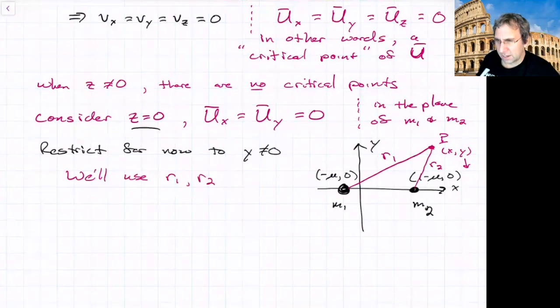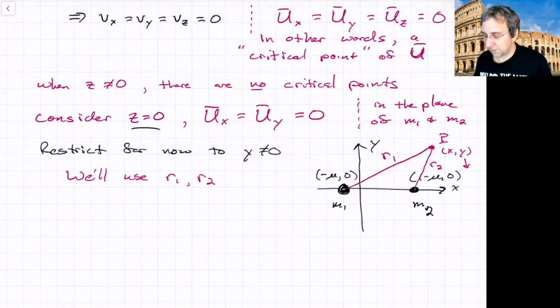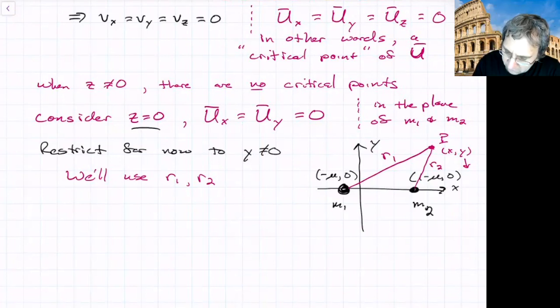So this is kind of like what the Lagrangian approach does, where you can use different variables. You could use different coordinates. These are generalized coordinates. So we'll use R1 and R2 as the variables. We've written U bar before. It looks like negative, there's the gravity terms.